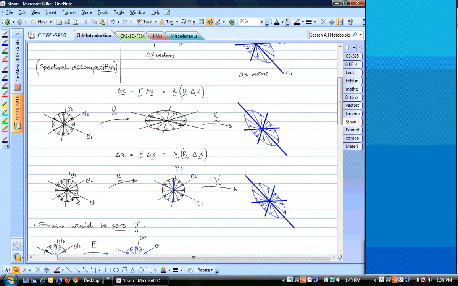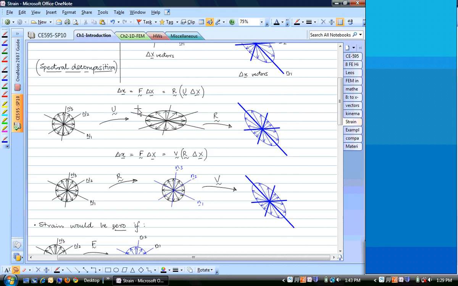The only thing that happens is that these vectors n get transformed to the final small n vectors. And now you can apply a pure stretch to it that will lead you to, again, the same kind of final configuration. So this is a way to interpret the effect of F.